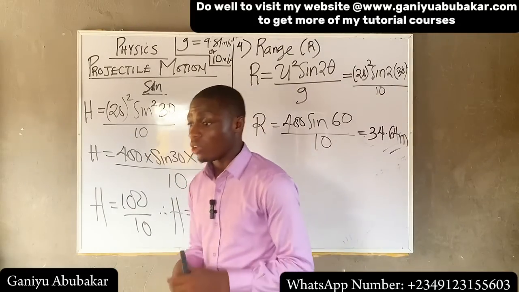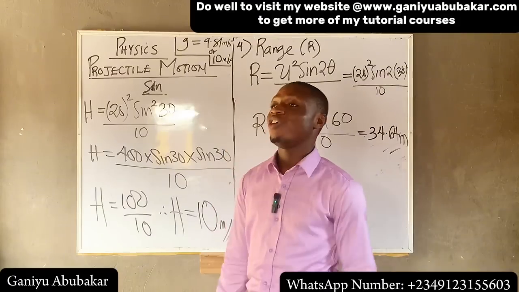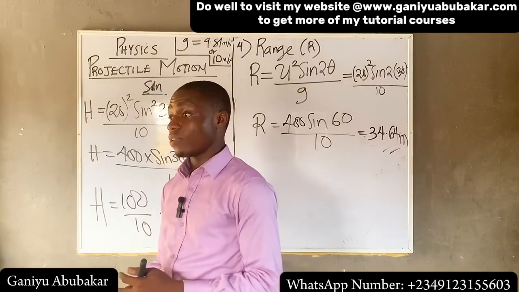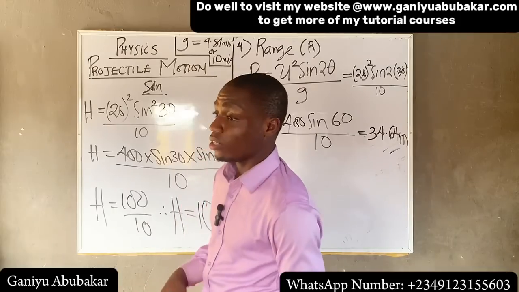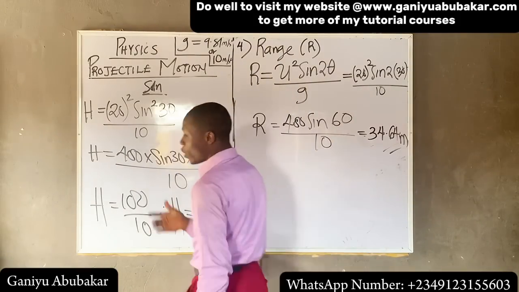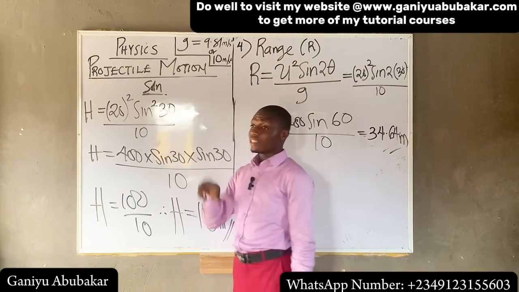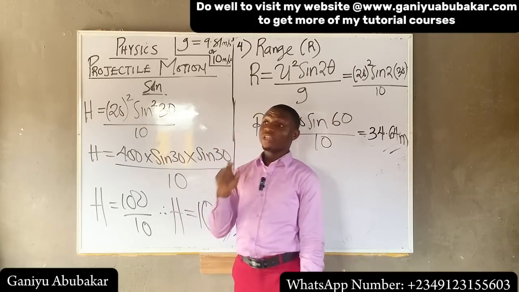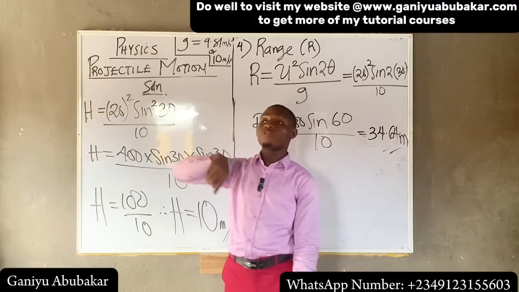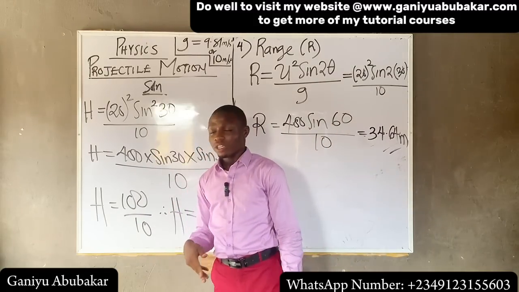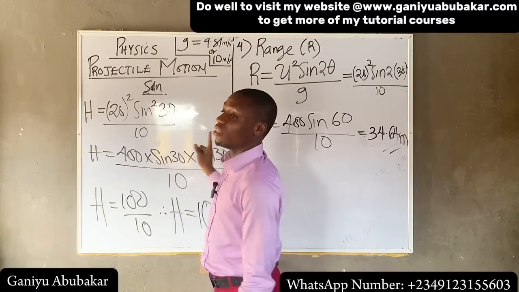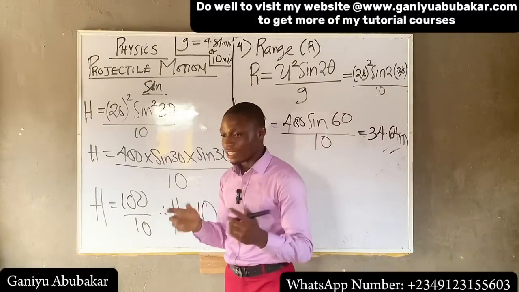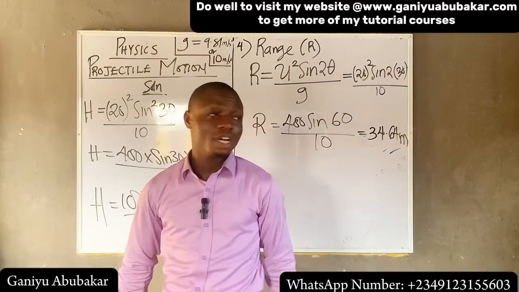Time of flight is 2U sine theta over G. Maximum height is U squared sine squared theta over 2G. Range is U squared sine 2 theta over G. So practice them. It's easy, not hard.